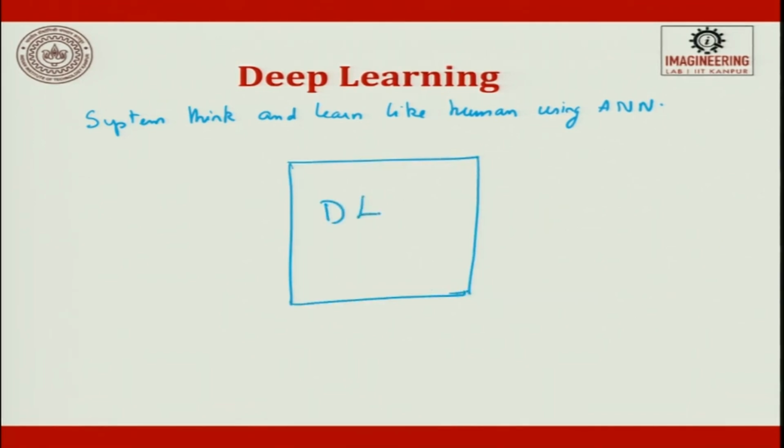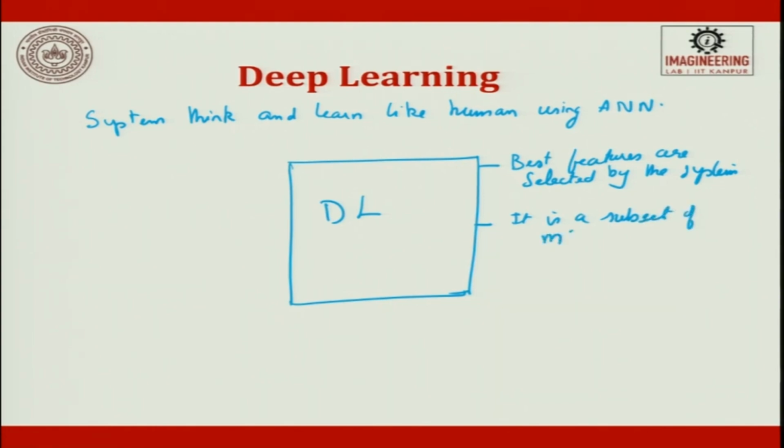If you talk about DL, the best features are selected by the system. It is a subset of ML.